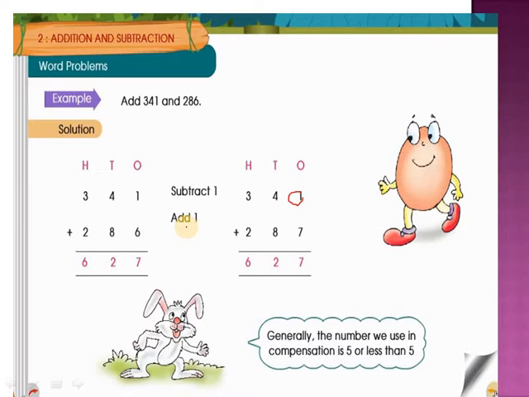Okay children, any one number. If we add to make the number end in 0, then we have to subtract the same number from the other number. We do this so that the first sum does not get affected.